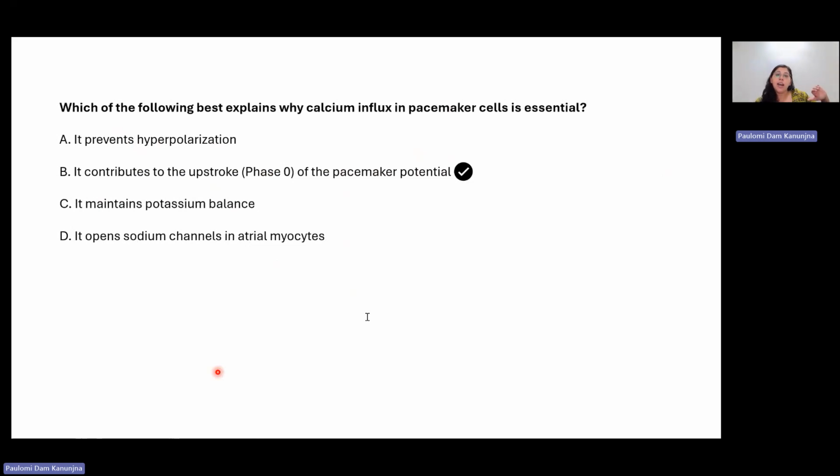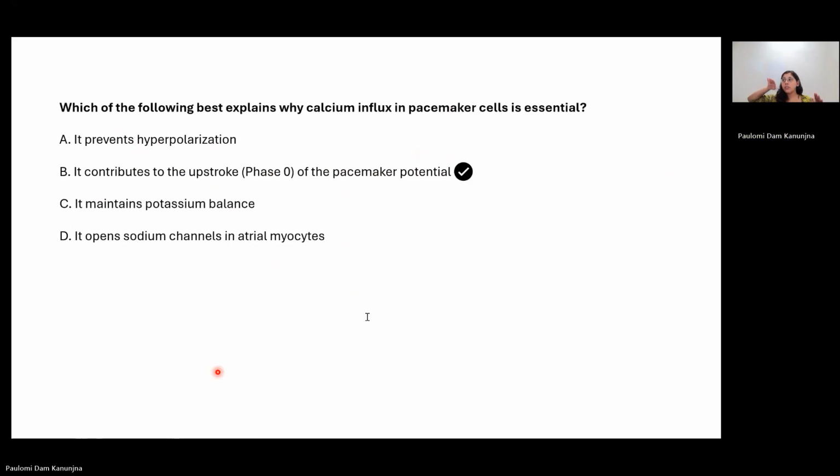We are talking about pacemaker cells, right? So we are talking about why you need it first of all. There we were talking about what happens in pacemaker cells. In there also it is doing the same thing. It's still contracting, but it is at the beginning. It is delaying the efflux, right? So it is not striking against potassium balance.